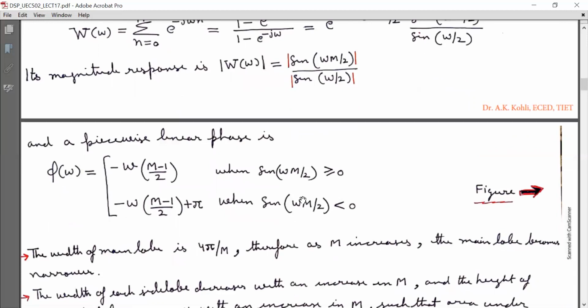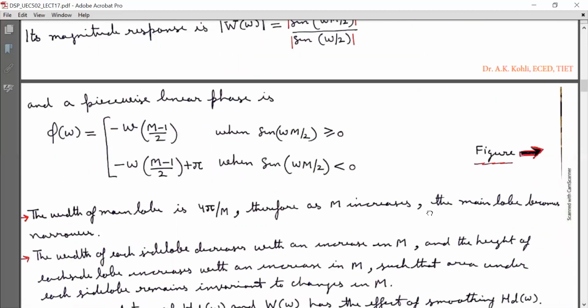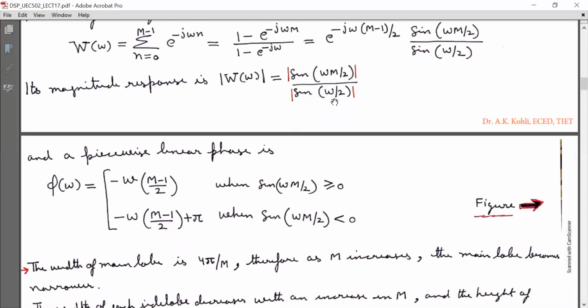If sine(omega M/2) gives a negative value, then that negative sign in phase is pi, so I have added pi here. The figure related to the magnitude response of the rectangular window is shown further.